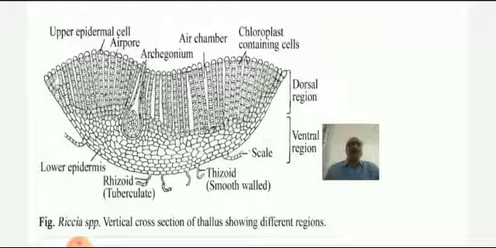These rows are separated by narrow vertical air chambers. Each chamber communicates to the exterior by means of an air pore. The air chamber is meant for exchange of gases.